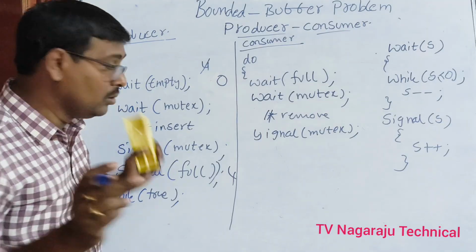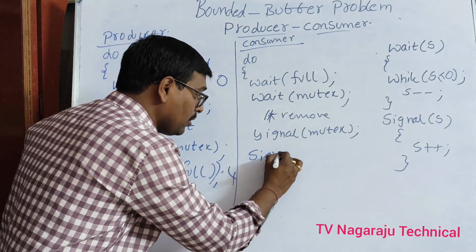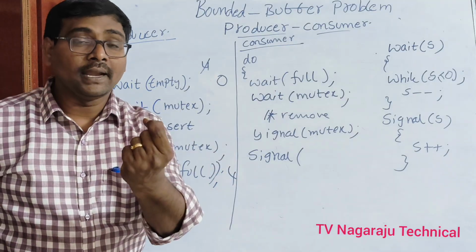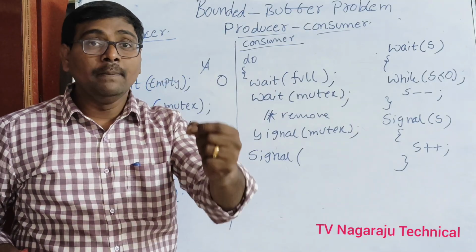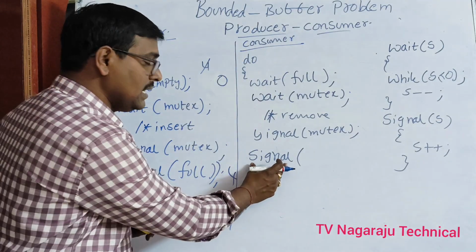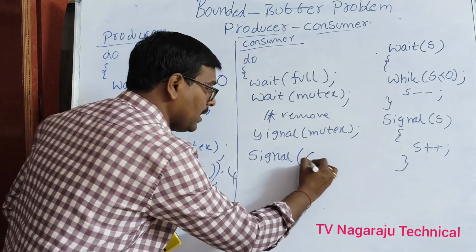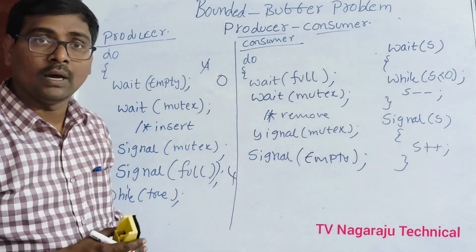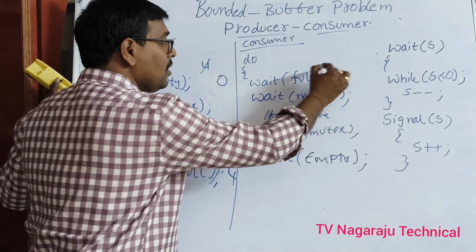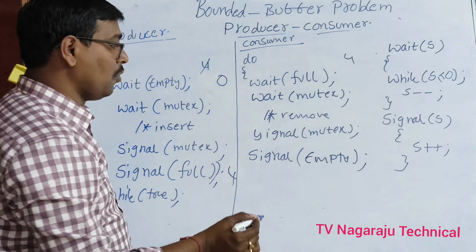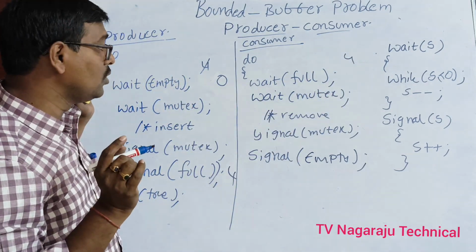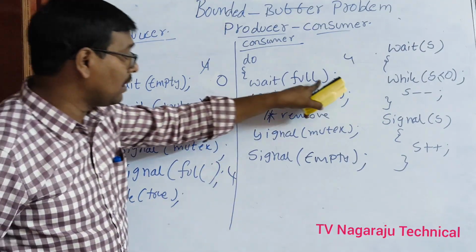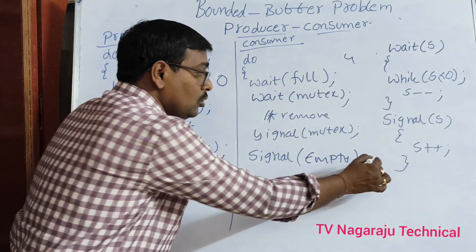Now what do you need to do? Signal of which one? Once I remove one data, the value of empty is incremented by 1. Signal is always used to increment. Now initially the full value is equal to 4 and the empty value is equal to 0.